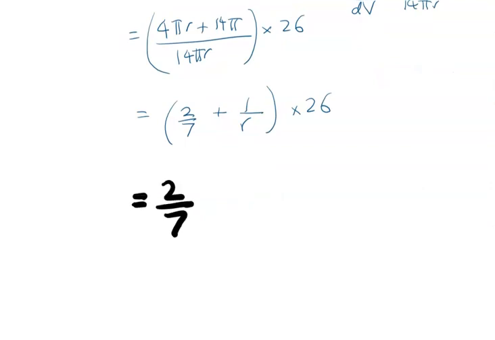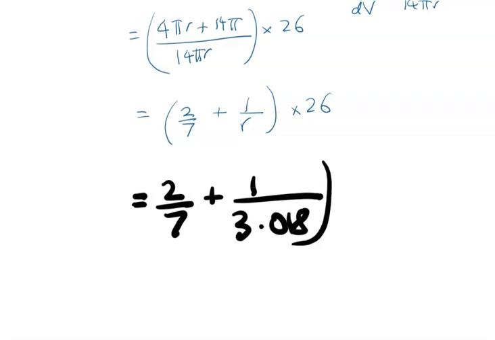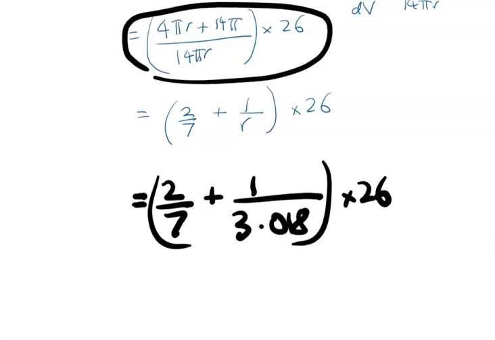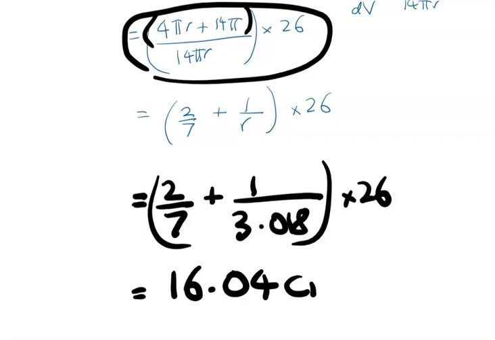So we're going to have 2/7 plus 1 over 3.018, times 26. You don't need to do that simplification there. Most of you probably didn't. Just be really careful with your calculator that you are putting brackets around the numerator. That gives me a final answer of 16.04 square centimetres per second.